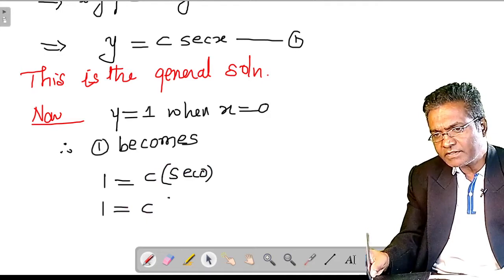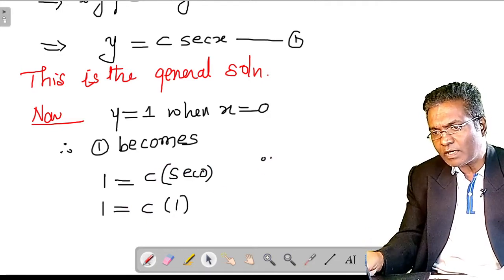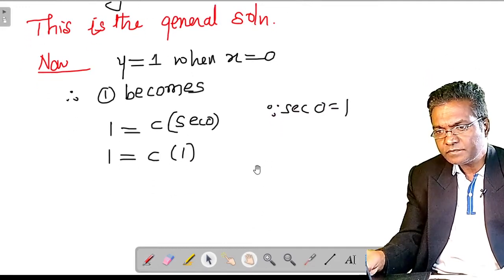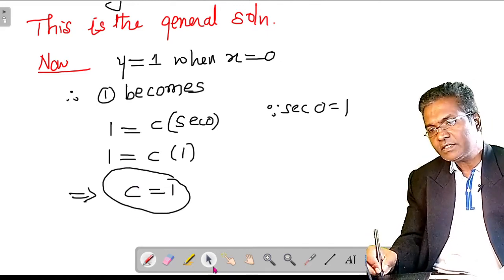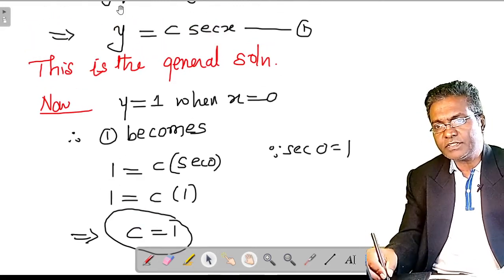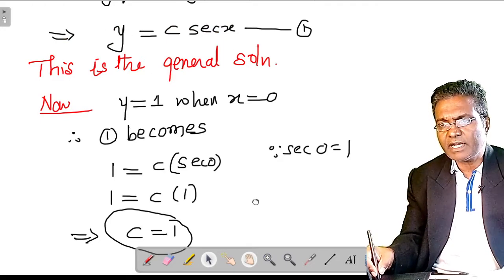As we all know, sec 0 is 1 because cos 0 is also 1. The value of sec 0 is 1. So this gives you the value of c. So c is 1. Now you have to substitute this in equation 1, and you will get the particular solution.